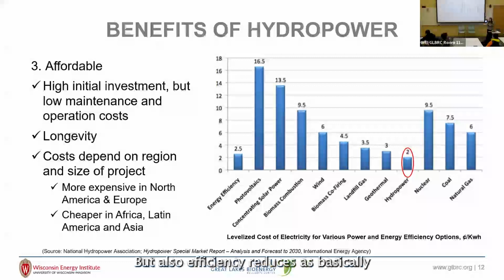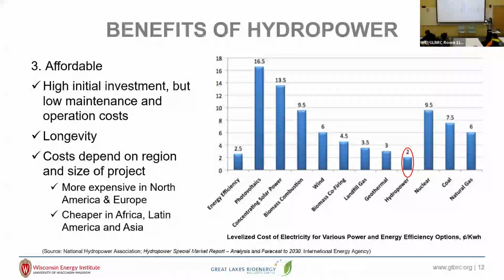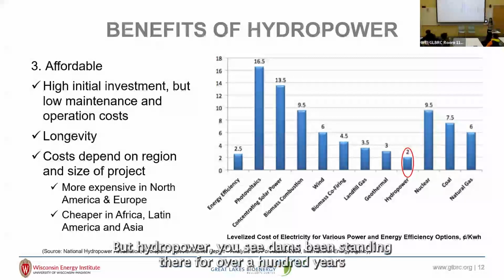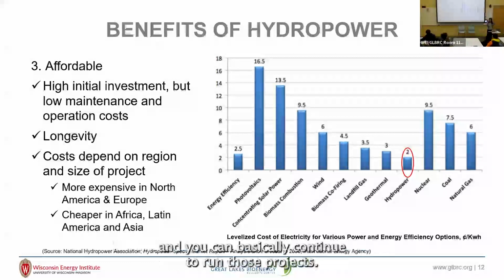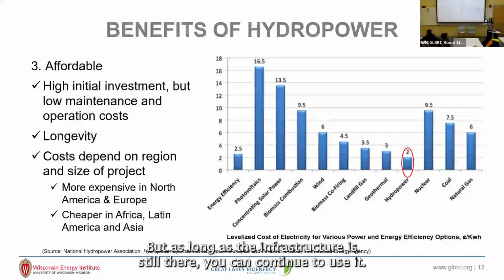But also, efficiency reduces year by year. I think for solar it's about 0.6%, if I'm right. But with hydropower, you see dams standing there for over 100 years. And you can basically continue to run those projects. You may have to do some maintenance and some upgrades, but as long as the infrastructure is still there, you can continue to use it.